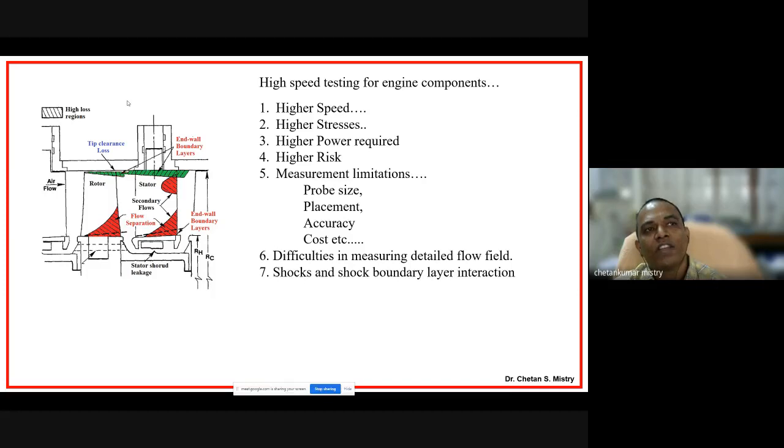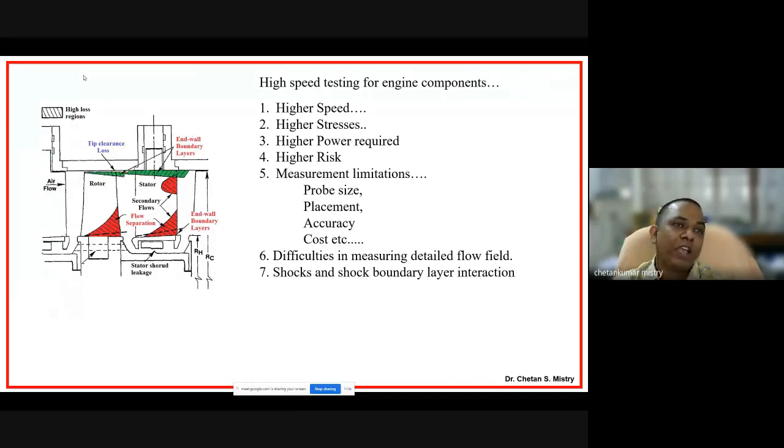When my flow is entering at high speed, I may need to use a probe of smaller size. Where will I put it? What needs to be the accuracy of those sensors? What about the cost? Because you need to acquire data, maybe pressure, maybe velocity. So there is difficulty in measuring the detailed flow field.